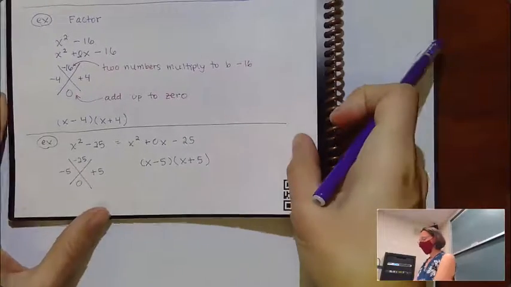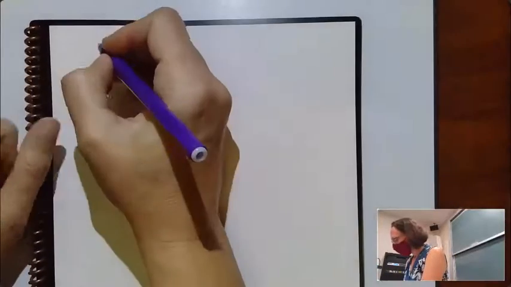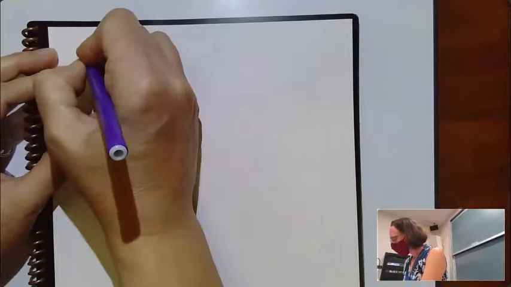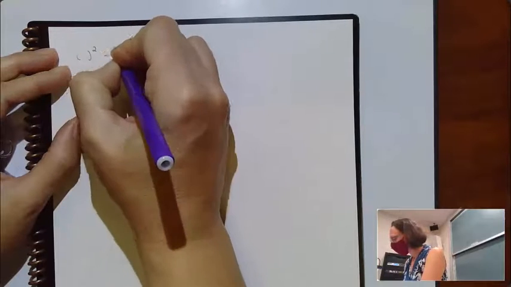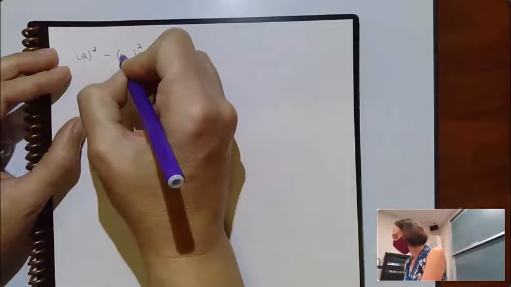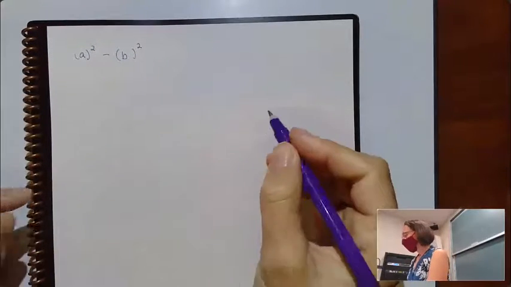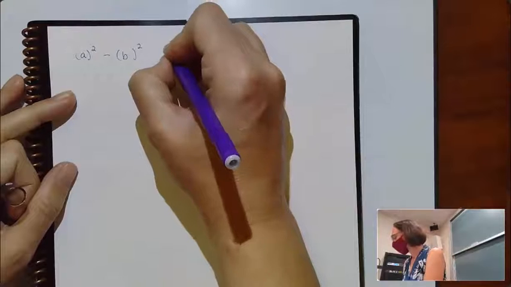Okay, so in general, whenever we have something that works out to be something squared minus another something squared, and I'm just going to put A and B in here as placeholders right now, we call this the difference of perfect squares.